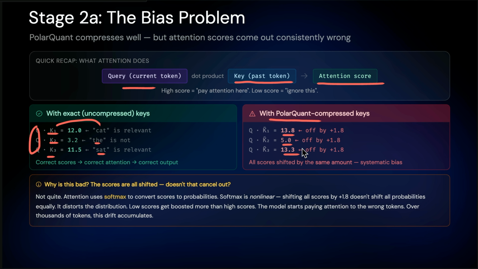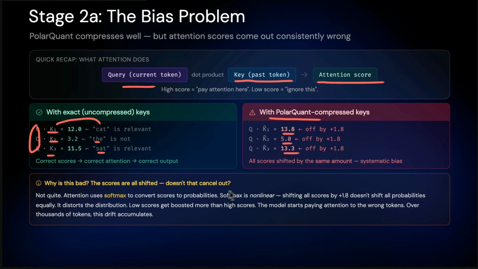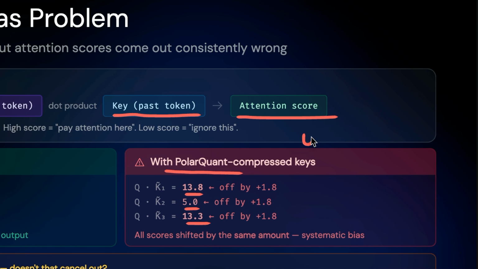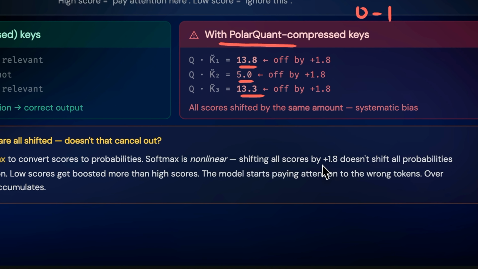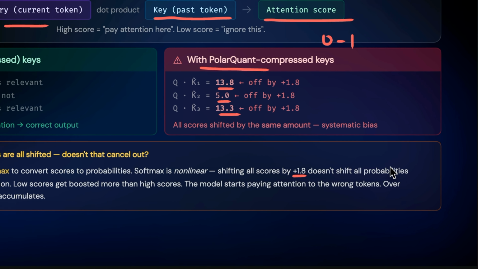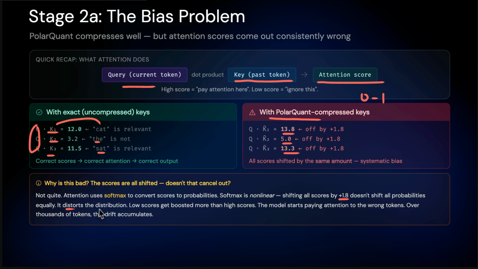You might be thinking, because all of these got shifted by the same amount, why don't they cancel out? One thing is that attention uses softmax. What is softmax? It takes these values and converts them into probabilities between 0 and 1. But because softmax is non-linear, shifting all scores by plus 1.8 doesn't shift all the probabilities equally. It in fact distorts the distribution.